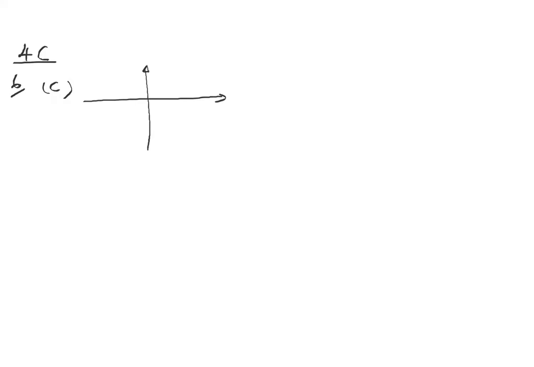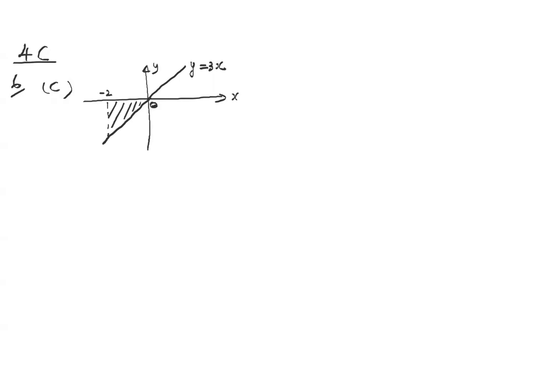This is the y, this is the x, and y is equal to 3x. So 3x should pass through the origin, from -2 to 0. This is called a graphical interpretation.